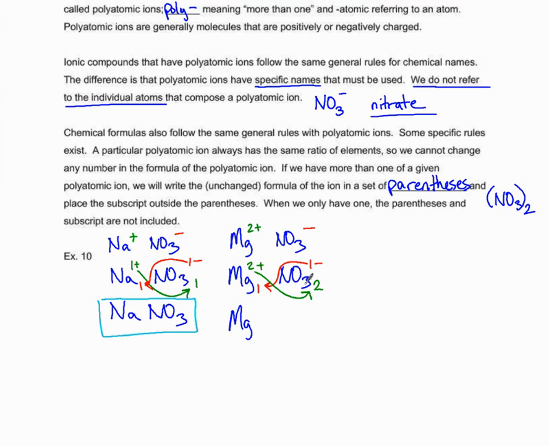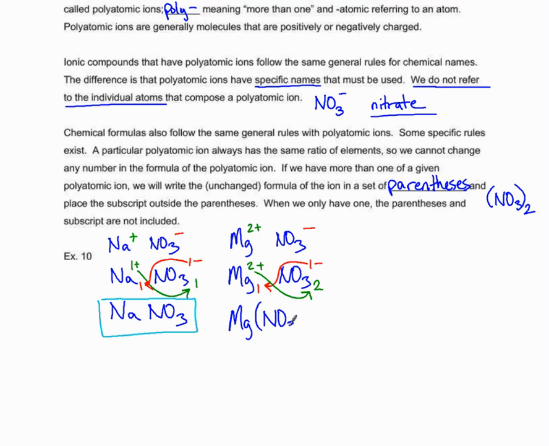Then we have NO3. We have 2 of them. As it's written right now, it looks like I have 1 nitrogen and 32 oxygens. This is not good because I actually have 2 of these nitrates. And so remember, we have to use parentheses.